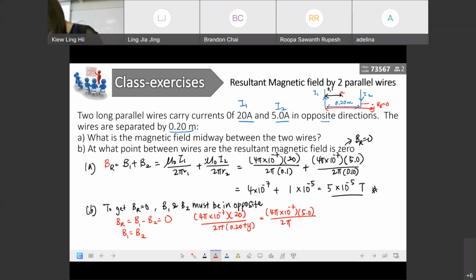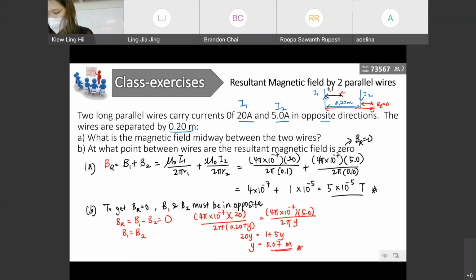R2 is the distance between I2 and the point, so it is Y. Solve to find your value of Y. Your Y is 0.07, meaning that it is 0.07 to the right of I2.